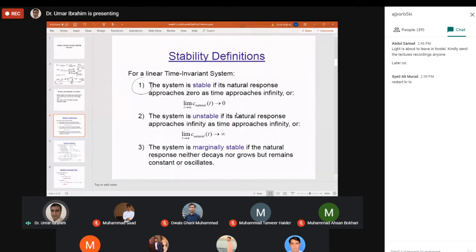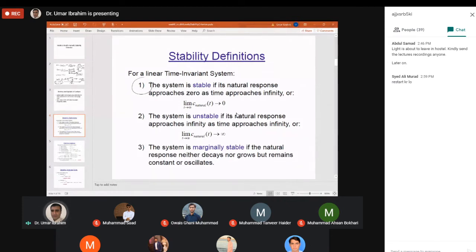You give a system some initial displacement or some initial condition, and then let it go. जैसे अभी स्प्रिंग मास डैम्पर सिस्टम में हमने इसे इनिशियल डिस्प्लेसमेंट दी थी 1 सेंटीमीटर, and then let it go. You don't apply any external force after time t is equal to 0. This type of response is called the natural response of a system.